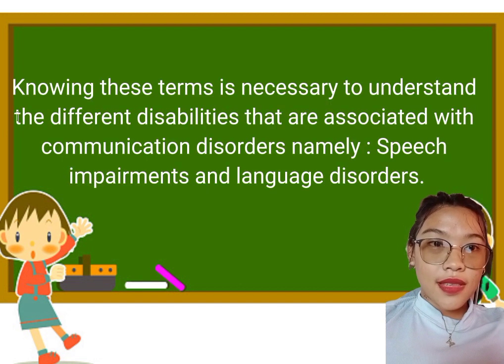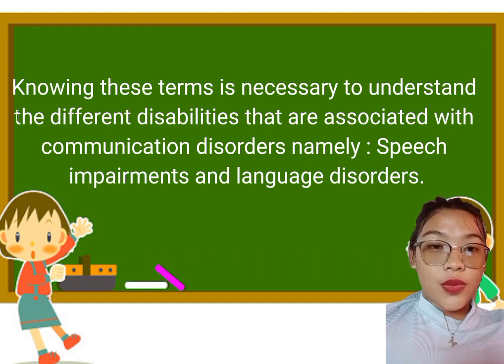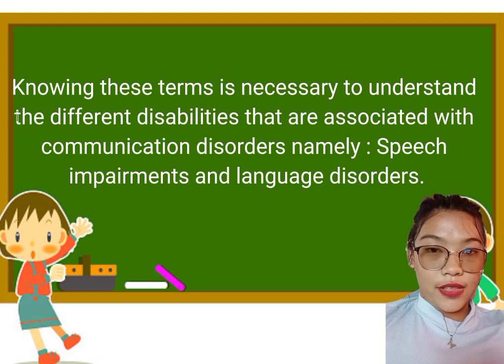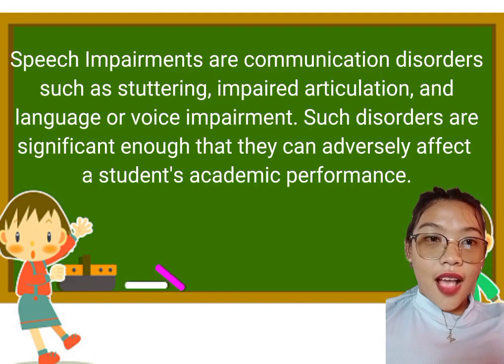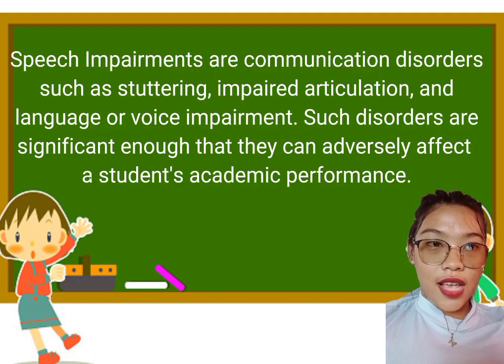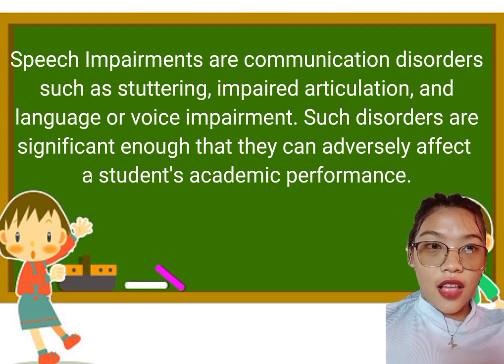Knowing these terms is necessary to understand the different disabilities that are associated with communication disorders, namely speech impairment and language disorders. So, what is speech impairments? Speech impairments are communication disorders such as stuttering, impaired articulation, and language or voice impairment.